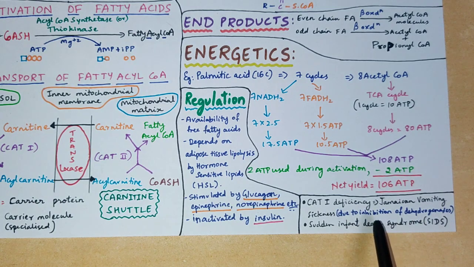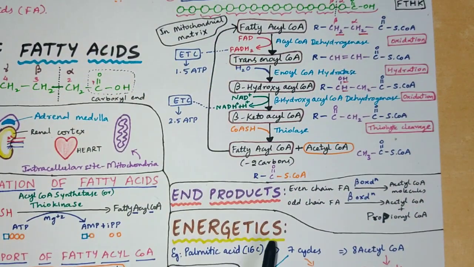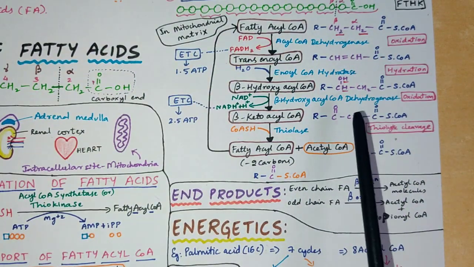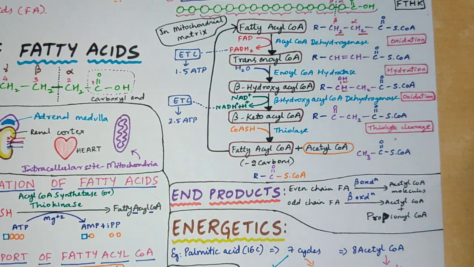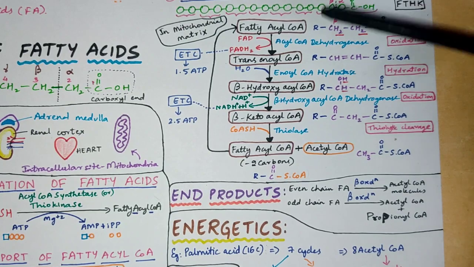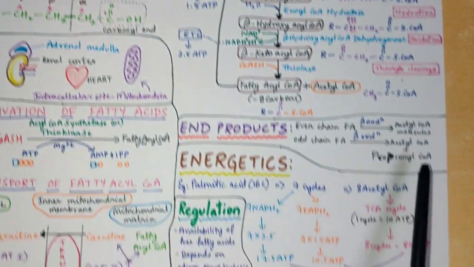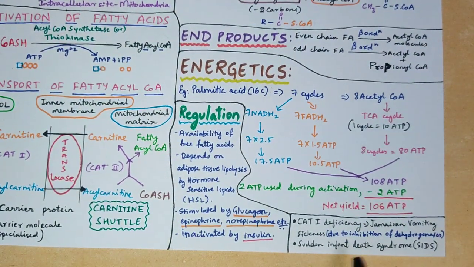In this condition there is inhibition of dehydrogenase enzymes. We can see dehydrogenase enzymes everywhere where we remove hydrogen, and when these hydrogens are not removed, this cycle cannot proceed further. So we can see the clinical condition there. One is Jamaican vomiting sickness due to CAT1 deficiency, and there is sudden death in newborn infants, and that syndrome is known as sudden infant death syndrome.